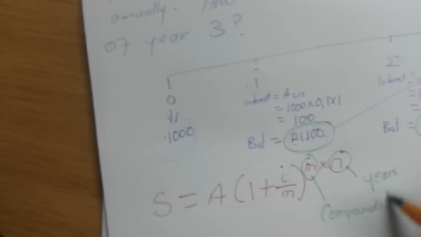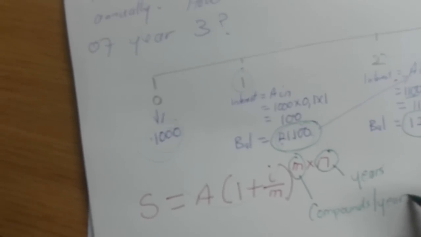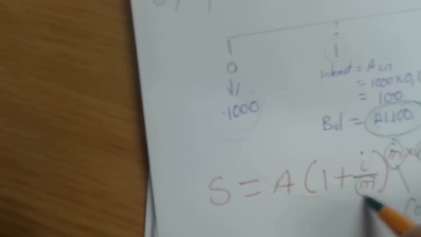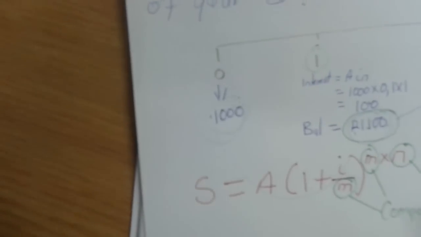Compounds per year. So of course, if it is 10% compounded annually, it means your m is 1. And by now you know the i is the interest rate.